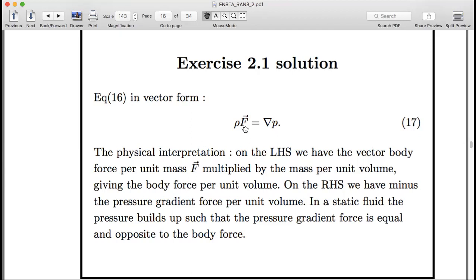So this is an expression of the fact that the forces are 0. So we have our body forces per unit mass times the mass per unit volume. So this is the force per unit volume.